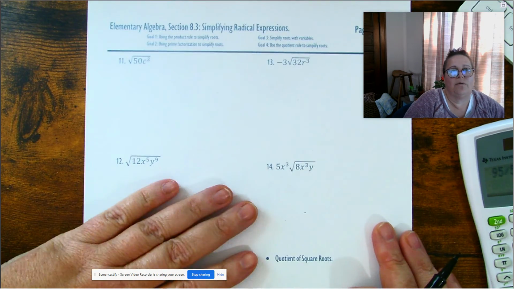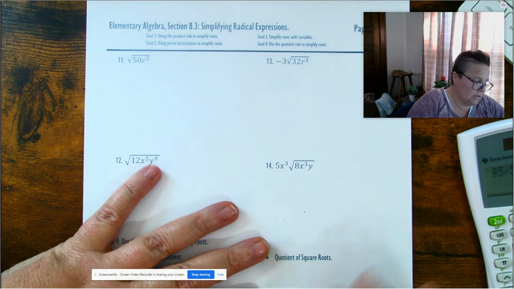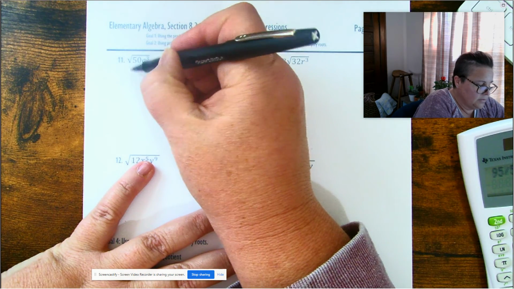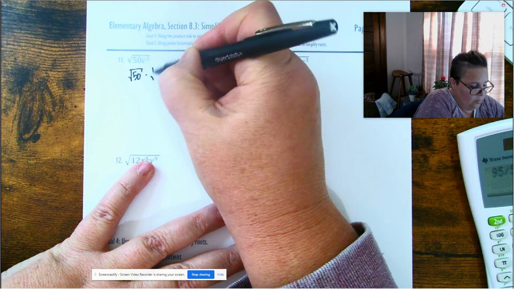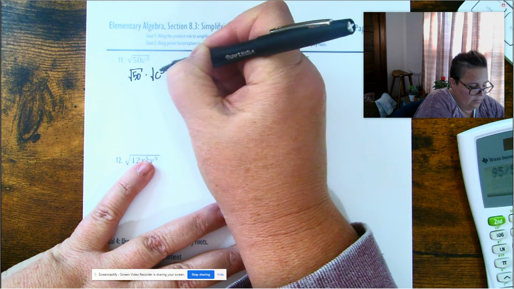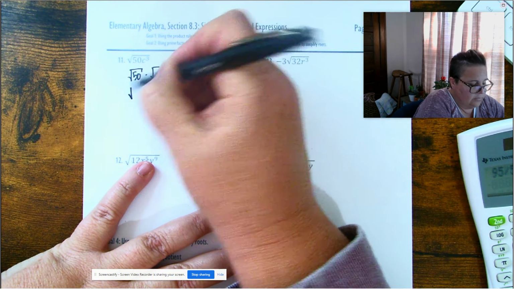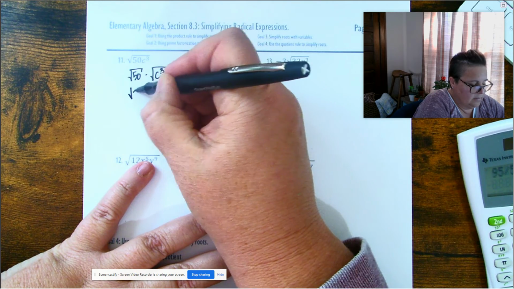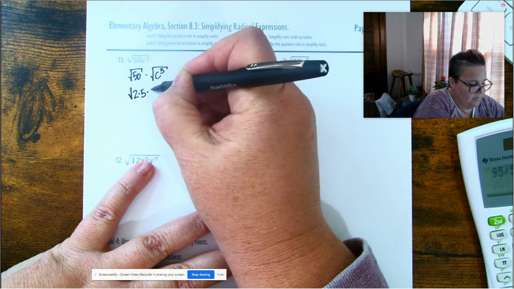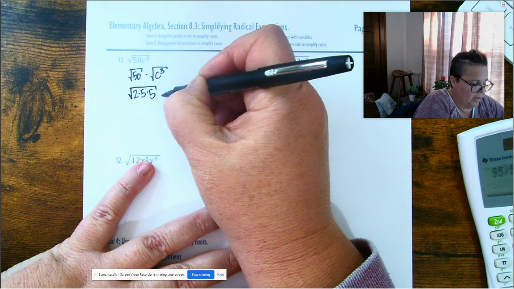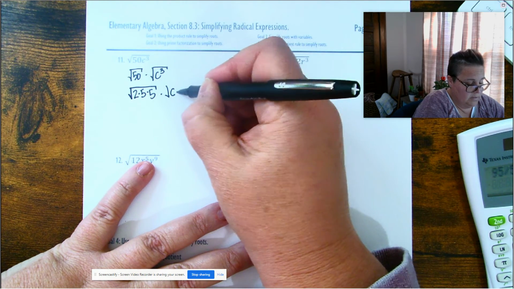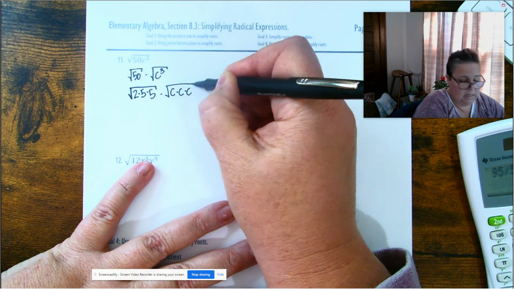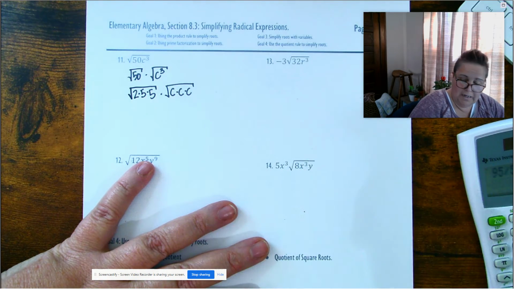Okay, couple more. Here we have the square root of 50 times c to the third. This would be the square root of 50 times the square root of c to the third. The square root of 50 is going to be a 2 times 5 times 5, or 2 times 25. The square root of c cubed is c times c times c. So if you have a pair, you can bring it out.